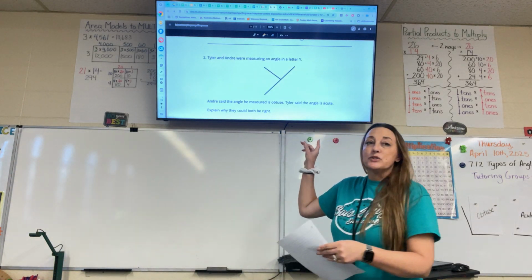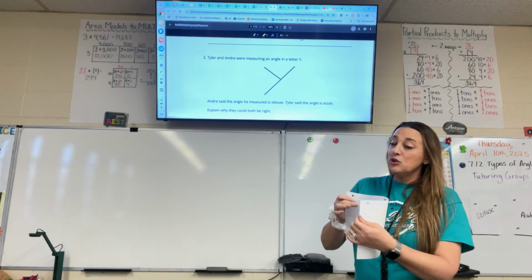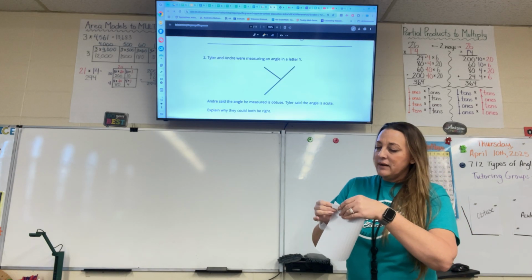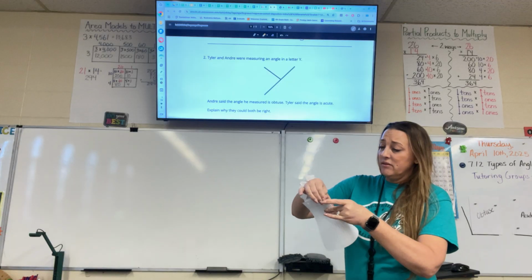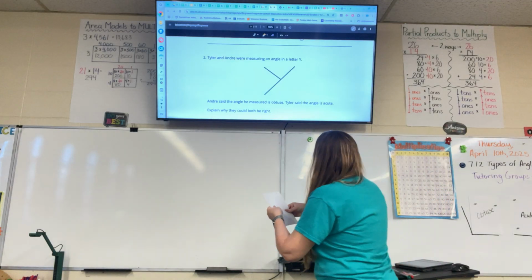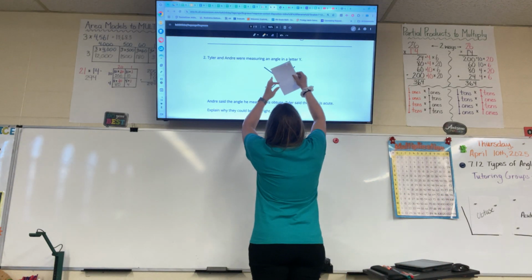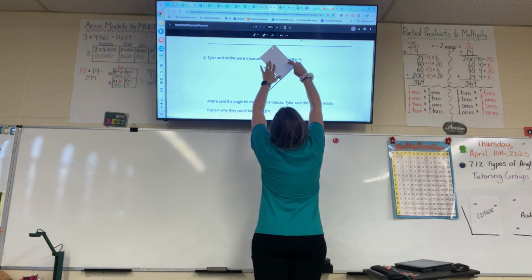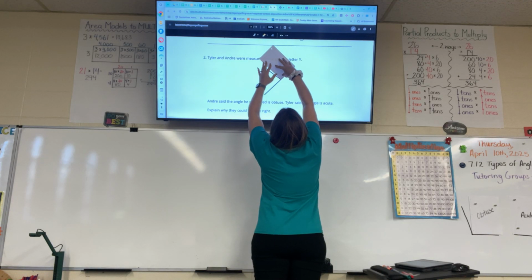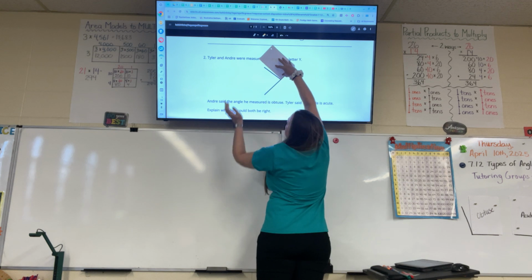This for me was really hard to see, and I think you got it backwards, but I'm still going to give it to you because it's really hard to tell. I'm going to show you. Here is a perfect right angle. If I line this paper up right here, do you see how this line comes out?